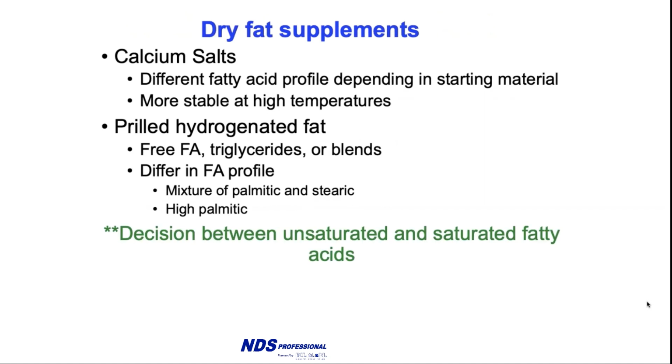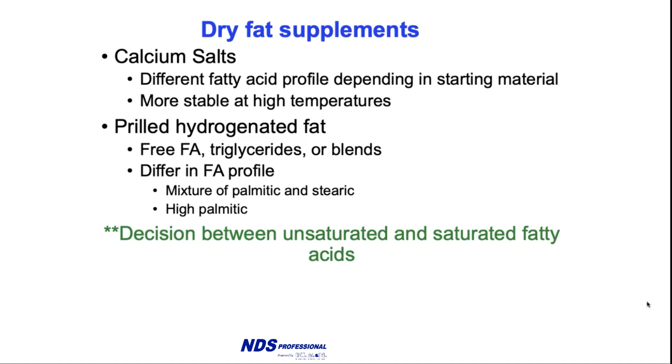Our dry fat supplements are sort of the last thing to put the icing on our cake when we're balancing fatty acid profile. If you're looking to bring in more unsaturated fatty acids, calcium salts are the way to do that. We're not protecting those fatty acids in the sense of getting them through to the duodenum, but the calcium salt slows the release of that fatty acid within the rumen and makes it a safer way to feed unsaturated fat. And then we have our prilled saturated fat supplements.